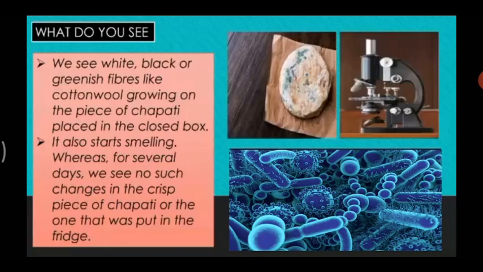Whereas for several days we see no such changes in the crisp piece of chapati or the one that was put in the fridge. Depending on the season, if the temperature is warm, fungus can arise easily on the chapati. If the season is hot, the fungus grows faster.